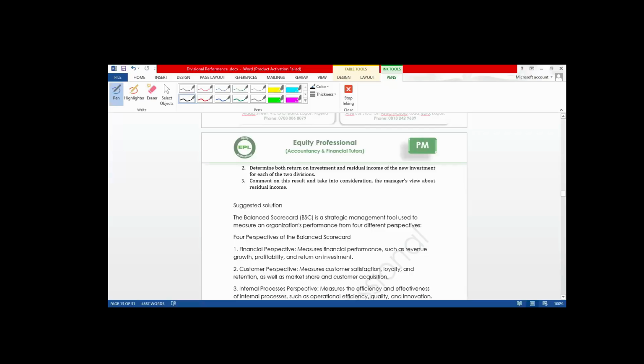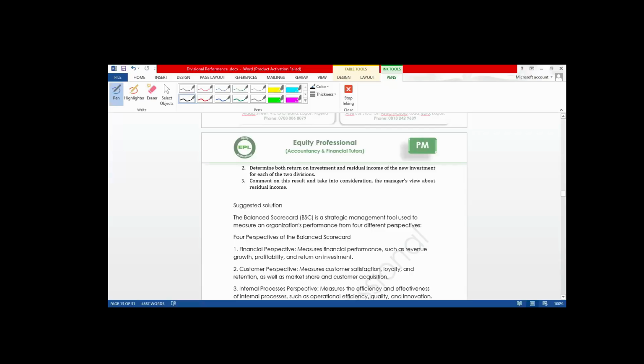What are the perspectives? First, balanced scorecard is an approach to performance management that considers 4 different perspectives.